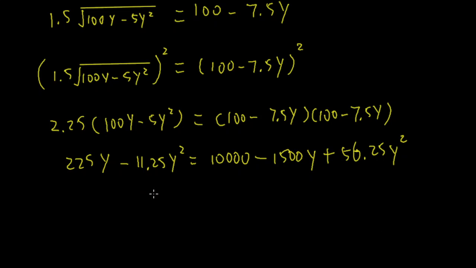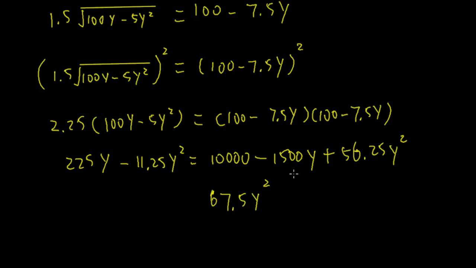So what do we do now? Let's move all this to the right side. When you move 225y to the right side, you're subtracting it. And when you move the negative 11.25y squared to the right side, you are adding it. So 56.25y squared plus 11.25y squared is 67.5y squared.